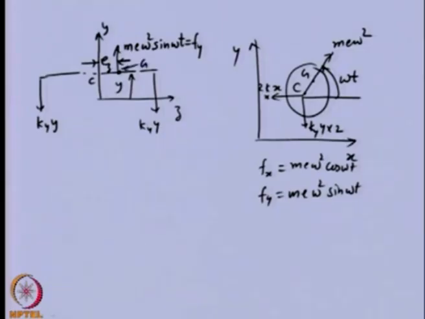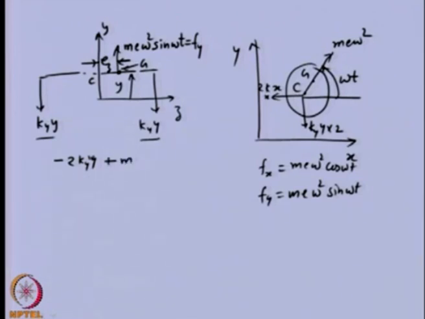So, now you can see if we do the force balance in the y direction, we will get the equation of motion like this: 2 k y y. These forces are opposite to the displacement direction, so negative.